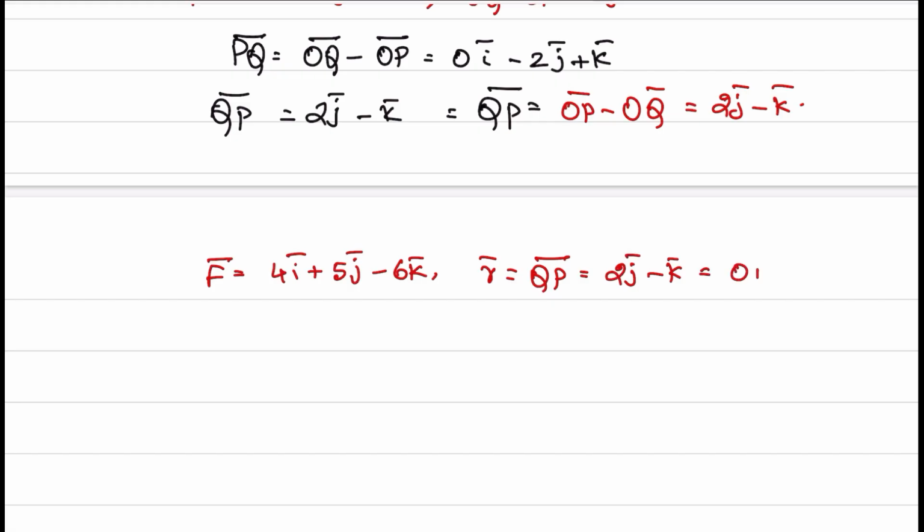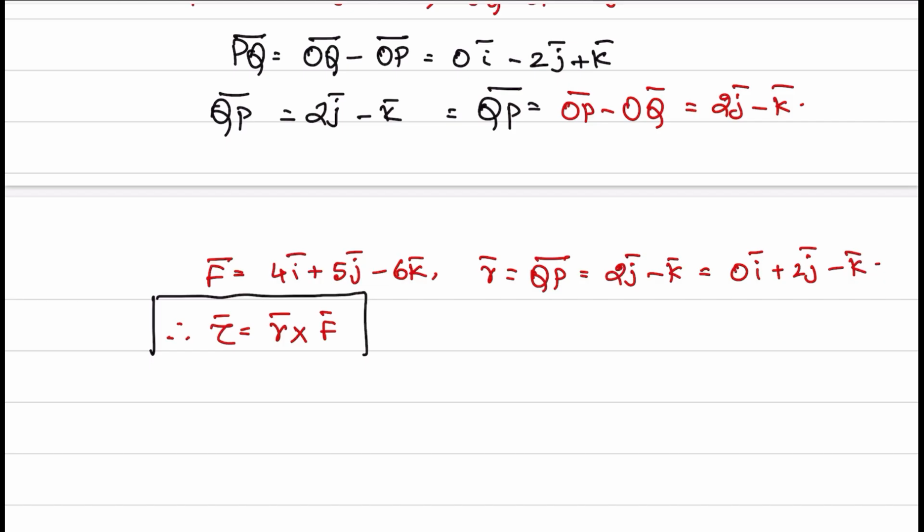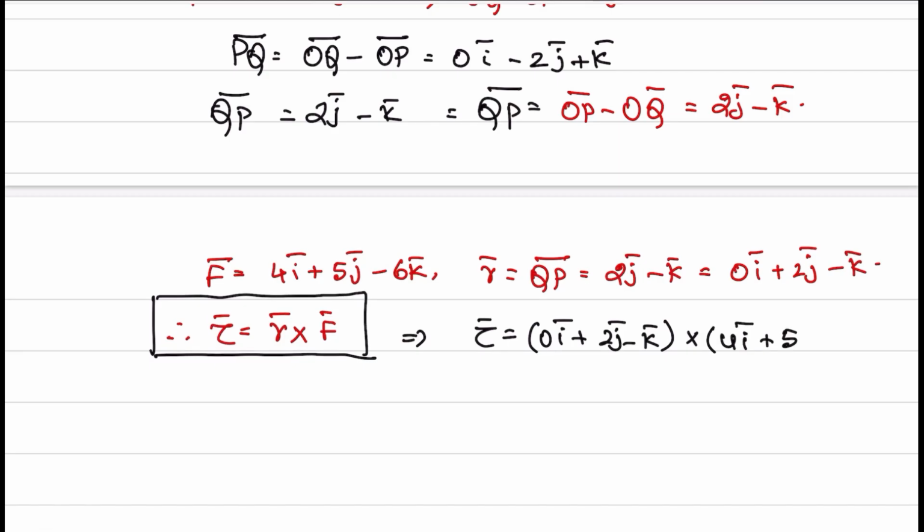That is nothing but 0i plus 2j minus k. Therefore, tau is equal to, this is what is asked in the examination, R cross F. Please remember, don't change the order. Order is very, very important in vectors. That implies tau bar is equal to R, which is 0i plus 2j minus k, cross F, which is 4i plus 5j minus 6k.